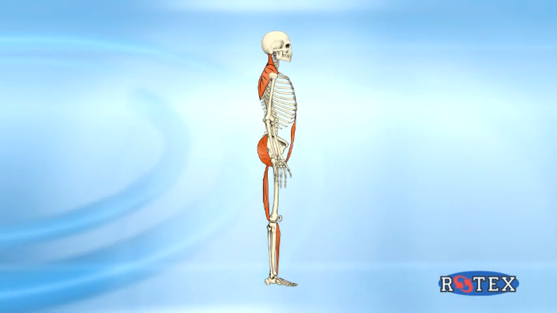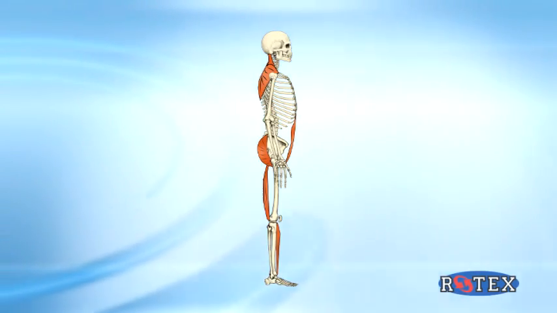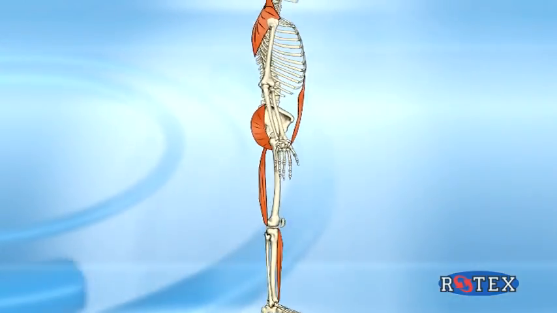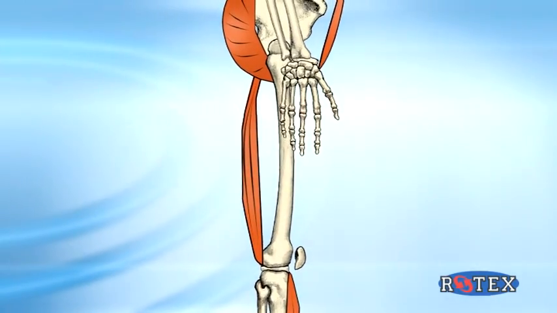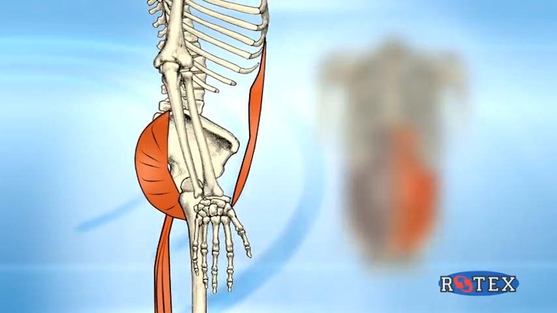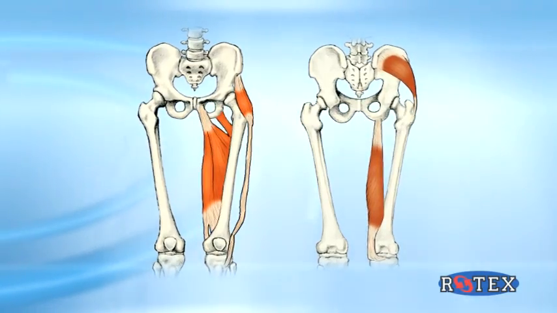The brake muscles are usually weak and overly long. Good examples of brake muscles are the hamstrings, the inner core muscles, the upper back muscles, and the muscles that rotate the hip inward. So to make the point, the accelerators are usually too strong and short, and the brake muscles are usually too weak and long.